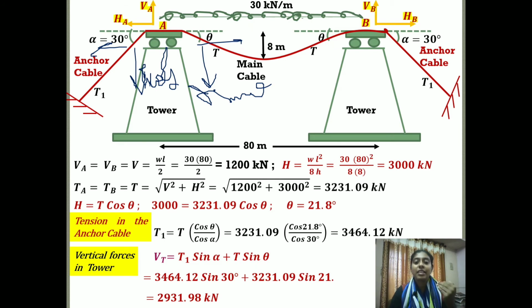Both are in the same direction, downward. So the vertical force in the tower will be equal to T1 sin alpha plus T sin theta. Substituting the values, we get 2931.98 kilonewton. Now the first part is over.